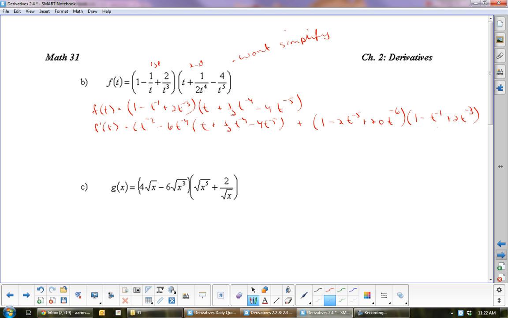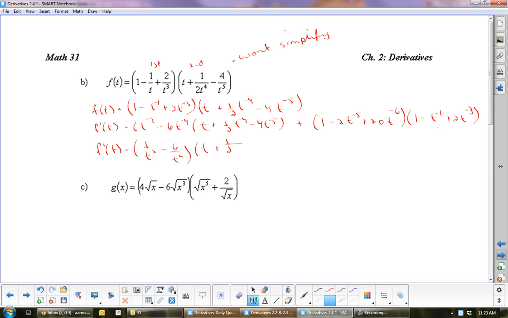Okay, so probably the only next step I would do on this one, it's not really simplifying, but you should put them in the form that the question was given. Okay, so f prime of t would be 1 over t squared minus 6 over t to the 4 times t plus 1/2.